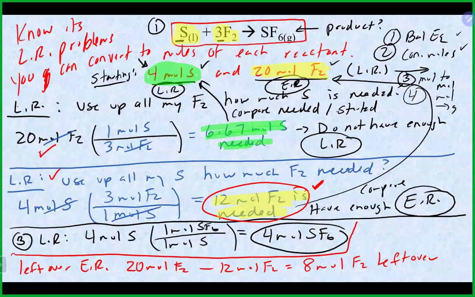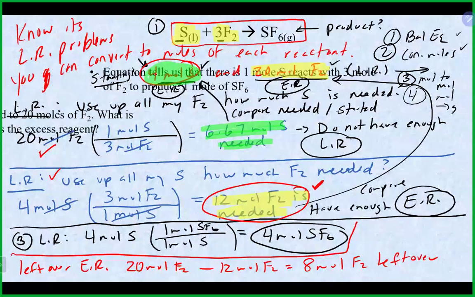So if you like that approach, you could do that. And again, that's a very common way these days that people are taught how to do that. So what I mean by that is you would take the 4 moles, go mole to mole relationship to your product, do the 20 moles mole to mole relationship to your product, and whichever one makes the smallest is your limiting reagent and your theoretical yield. Any questions on any of those steps there?